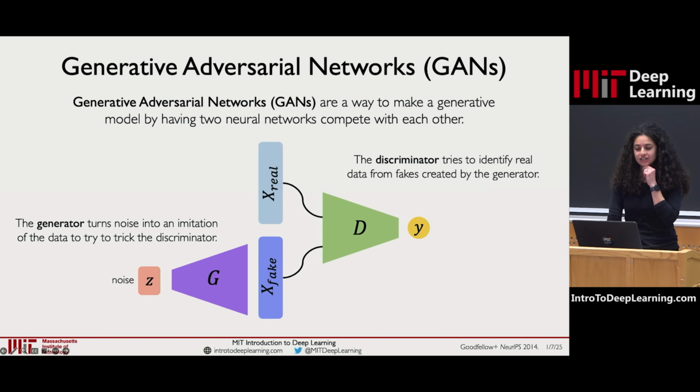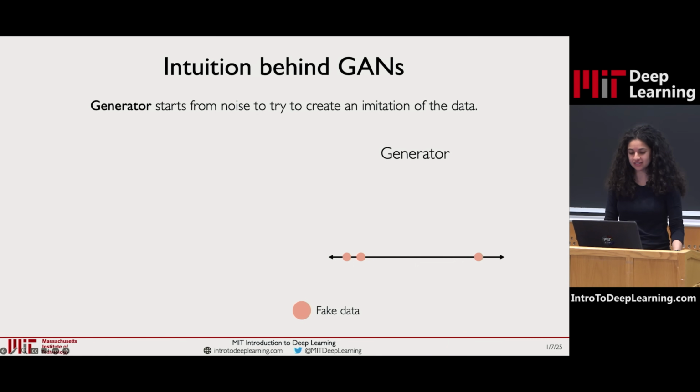To get a sense of the intuition behind how this works, let's start with one of my favorite illustrations of this example that conveys this intuition. Let's say we have just data on a one-dimensional line, and there are some instances of fake data that are going to lie somewhere on this line.